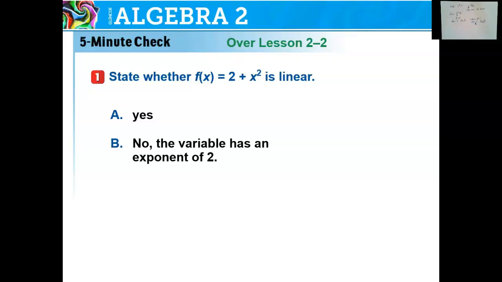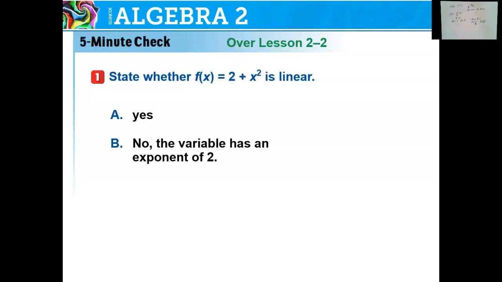Number 1, it says state whether f of x, which is equal to 2 plus x squared, is linear. Part of the requirements of being a linear function is that our x variable is always to the first power. So that's kind of a tip.